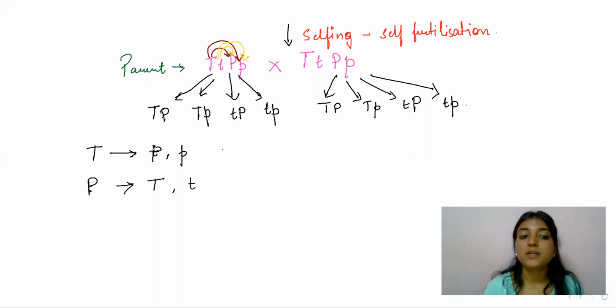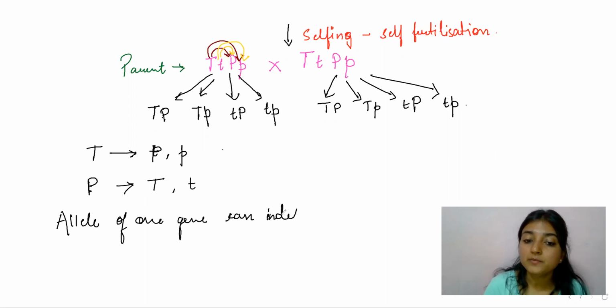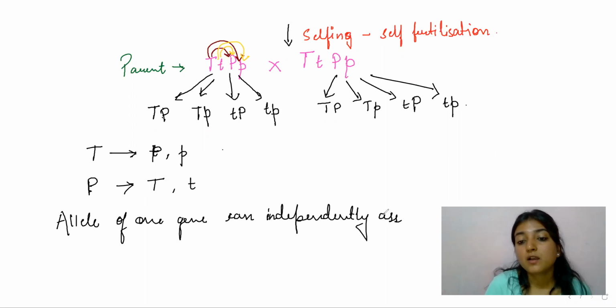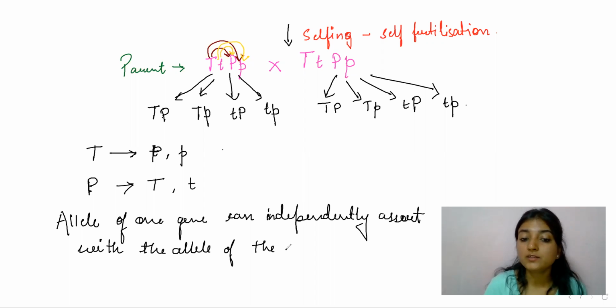So the capital T is independently assorting with the capital P and the small p, whereas the capital P is independently assorting with the capital T or small t. Therefore, we can say that the allele of any gene, or you can say the allele of one gene, can independently assort with the allele of the other gene.